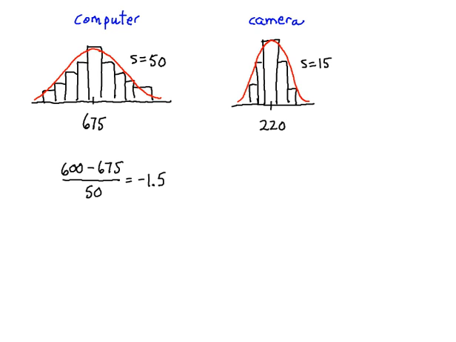Now, remember the empirical rule: for all mound-shaped distributions, all of the data is within 3 standard deviations of the mean. So 1.5 standard deviations would be somewhere right about here, 1.5 to the left. Keep in mind, though, that the end of the distribution on the left and the end on the right is plus and minus 3 standard deviations away from that 675. So I'm just 1.5 standard deviations to the left.